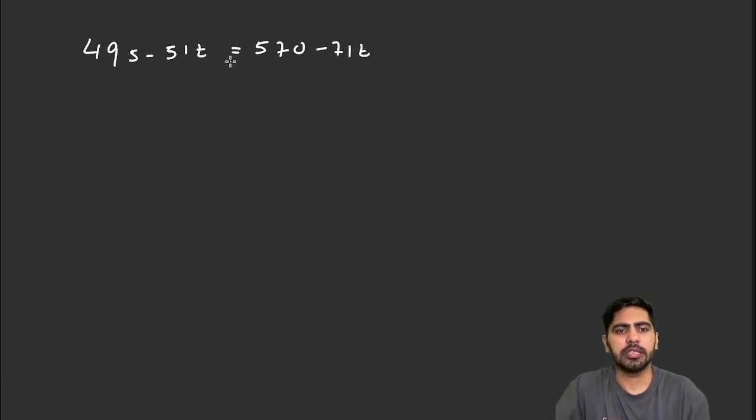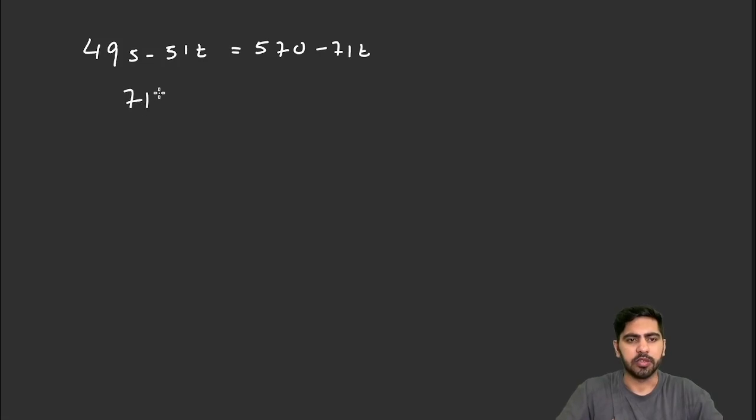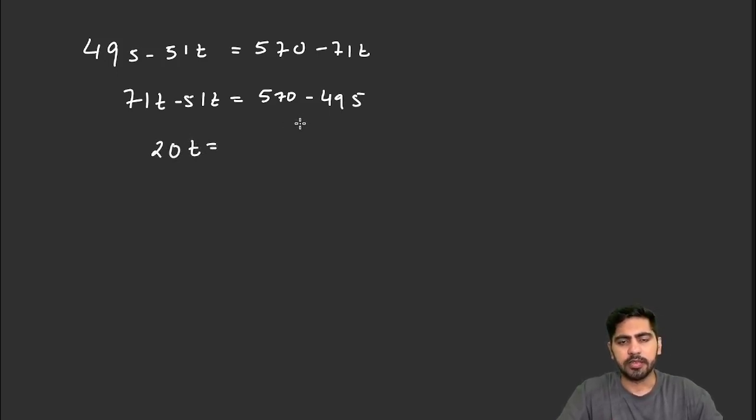If I bring 71t to this side, 71t minus 51t is equal to 570 minus 495. So 20t is equal to 75, and t is equal to 75 upon 20.